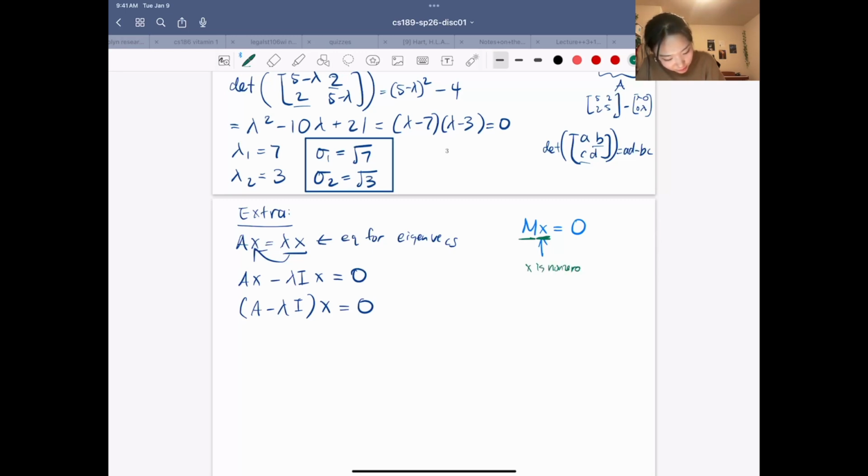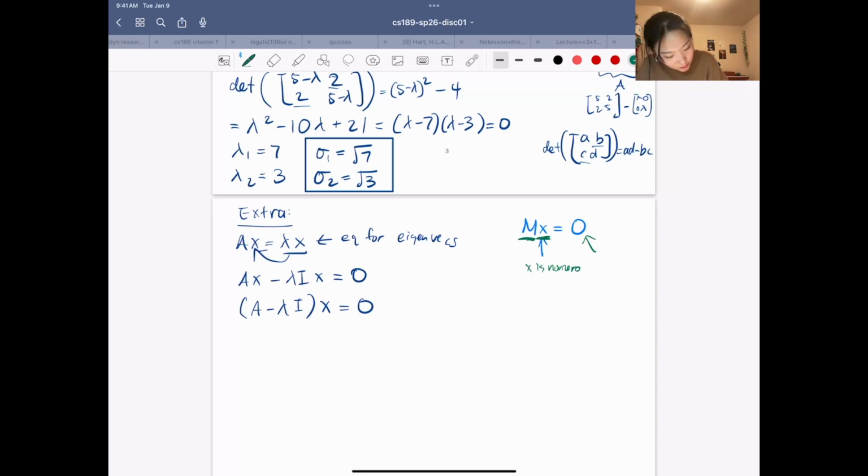And by applying this matrix, which is also a linear transformation, we end up with 0. What does that mean? Well, you can think about it as saying that we want some non-zero solution for x. And so this means that this matrix M is actually not invertible.